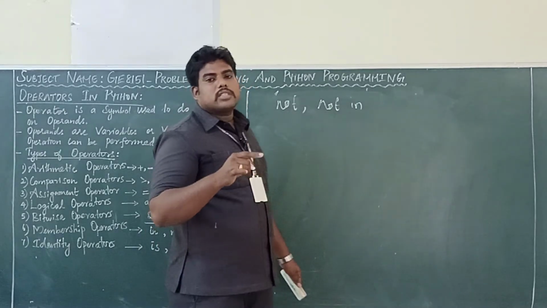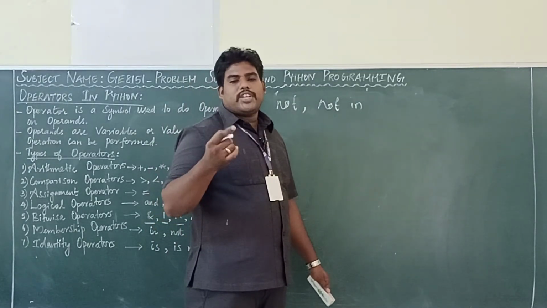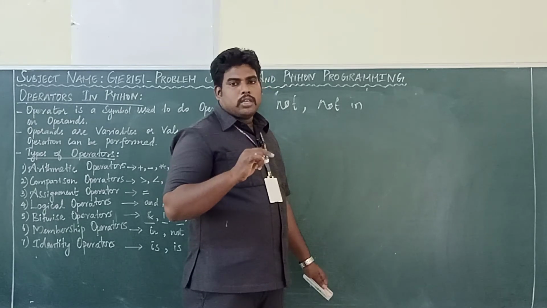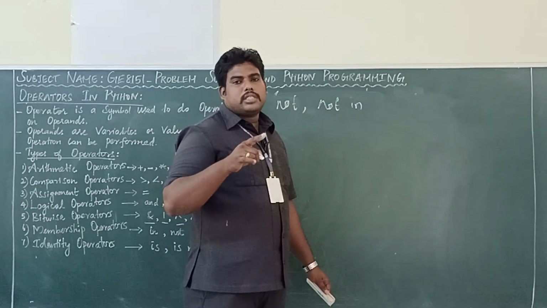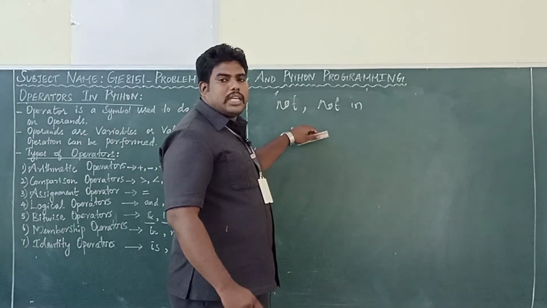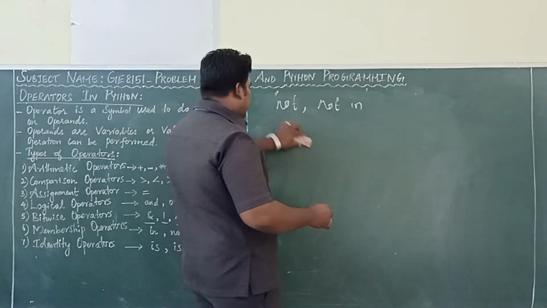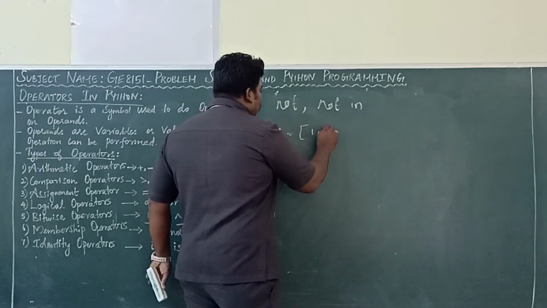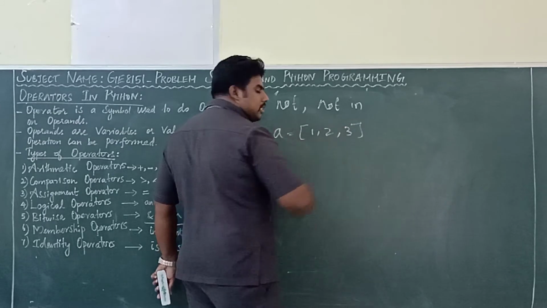It works on the sequence data types. In the last video session I explained data types, right? What are the sequence data types? List, tuple, string, dictionary. Okay. So it works on the sequence data types. For example, A equal to 1 2 3. This is one list.